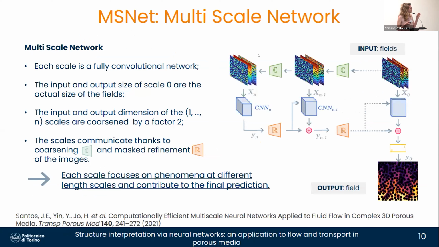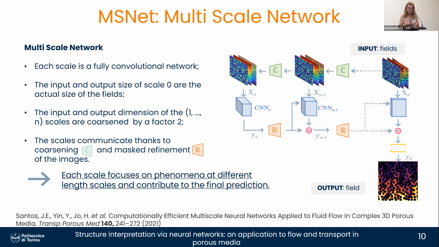I want to show you now the architecture that we employ for the prediction of concentration fields. This architecture was conceived by our co-authors for the prediction of flow fields in porous media. What we do in our work instead is use the same architecture for the prediction of concentration fields. This architecture is made of different scales, and each scale is a fully convolutional neural network, and each scale is fed with some features that are coarsened.